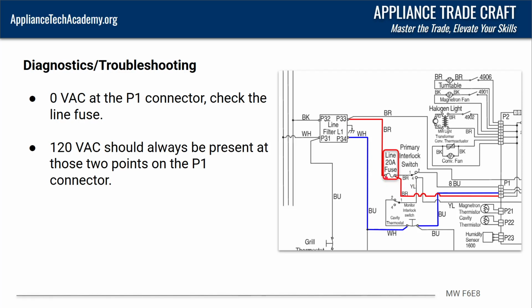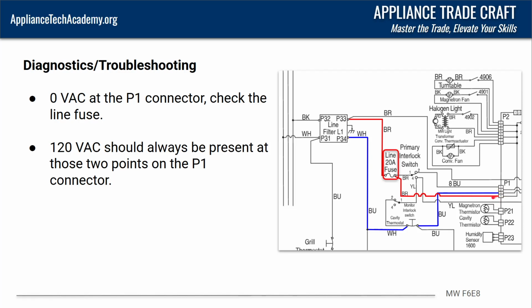So when you're checking, let's just backtrack here. If you're checking here to there and you get 120 volts, you're reading the voltage potential difference between line, which is 120, and neutral, which is 0 volts.